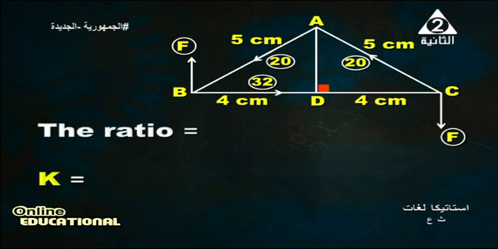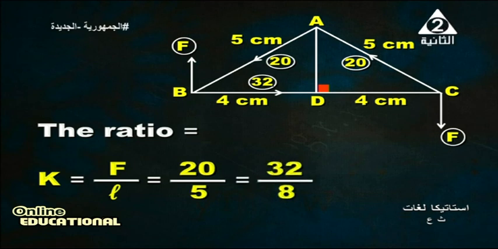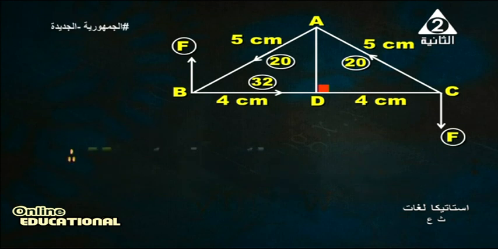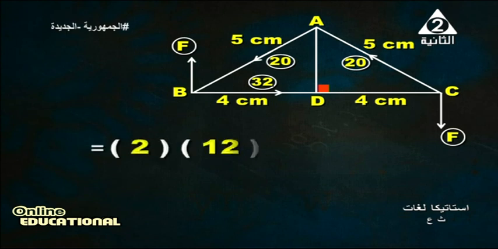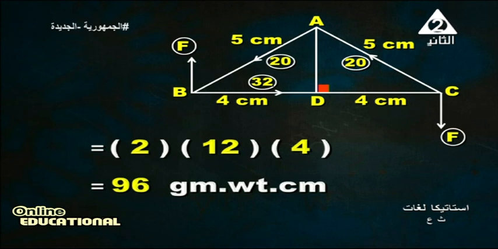The ratio K, the magnitude of the force over the distance, F over L, equals 4: 20 over 5 equals 32 over 8 equals 4. It's constant. Then the moment of the couple is twice the area of triangle ABC times K, equals 2 times 12 times 4, which is 96 gram-weight centimeters. This is the moment of the couple.